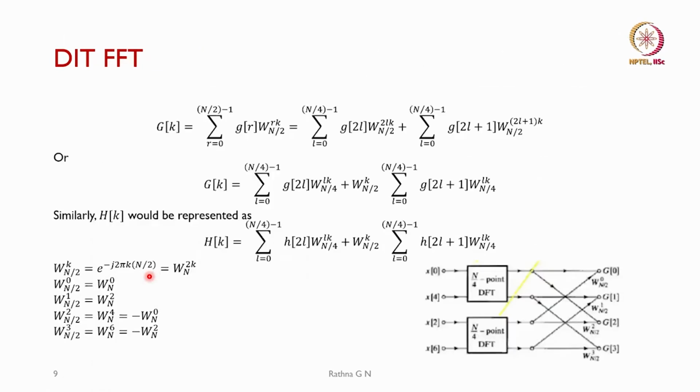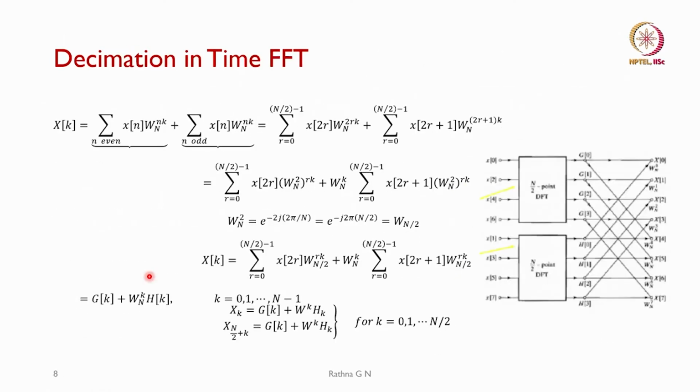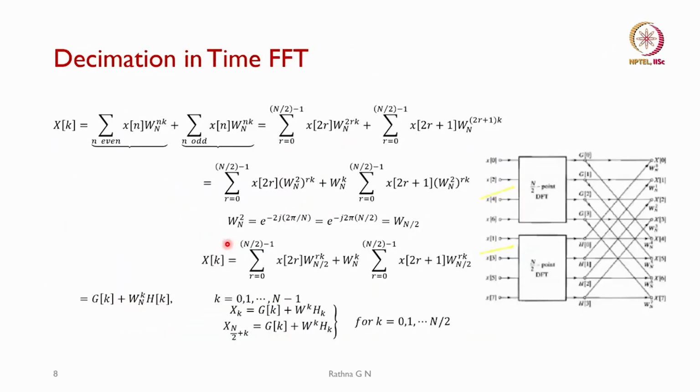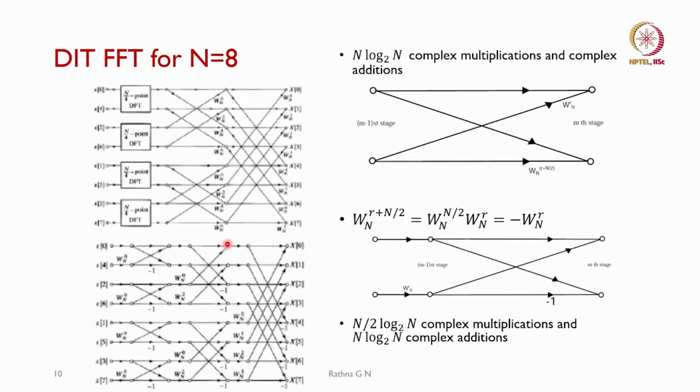That is how we got the minus 1 here. You have to go back and look into it. That is W_8 4, which is equal to minus W_8 0, which is nothing but minus 1. So, you will see all of them will have the butterfly at the bottom with minus 1 here.